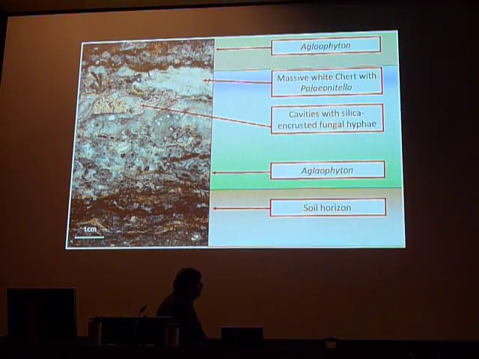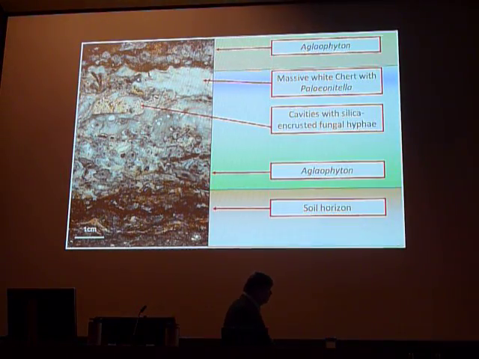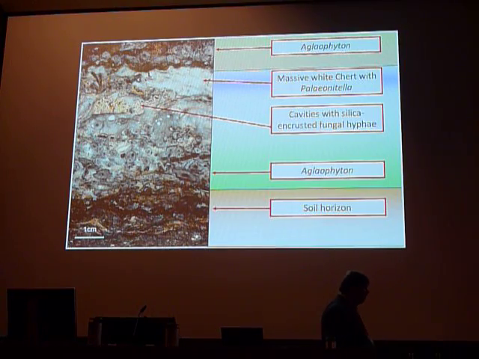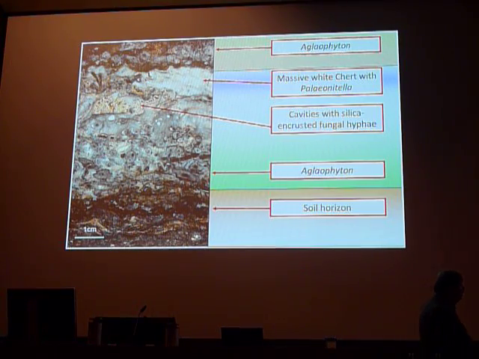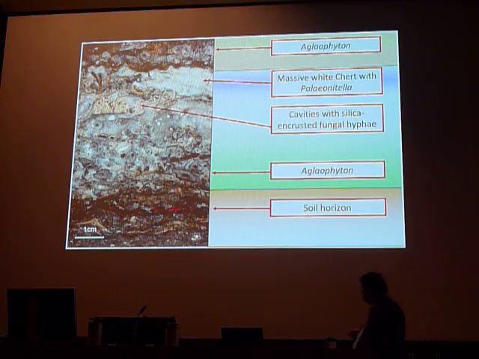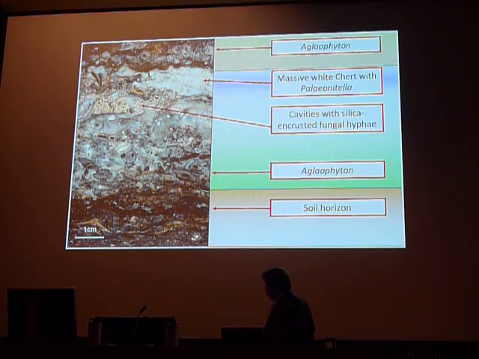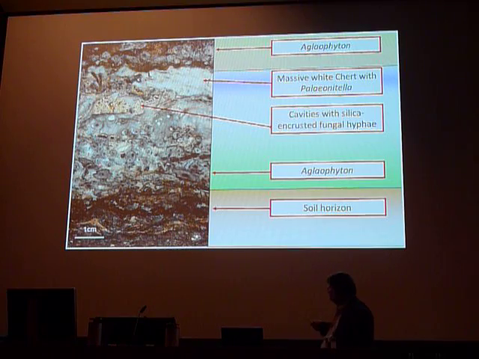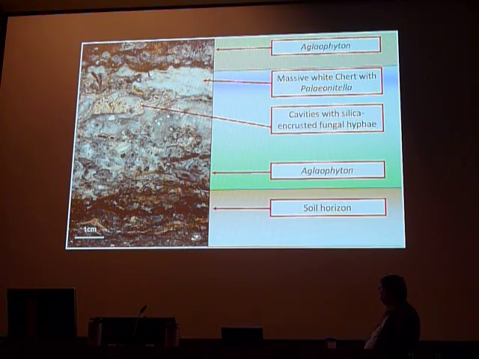And if you have these cherts, individual chert layers can be up to 1 meter thick. These represent several events, or at least several stages. For instance, here we have the soil, sandy, with a lot of coating material from land plants. Here we have the horizon, terrestrial, with Aglaophyton, the most common plant in there.